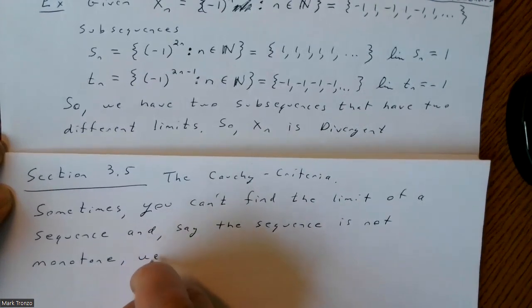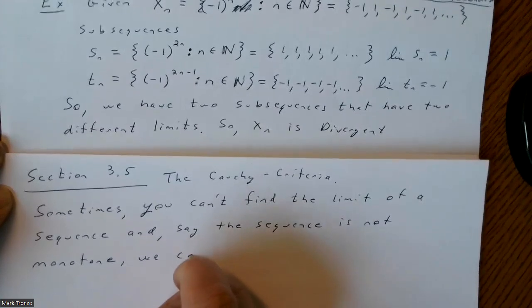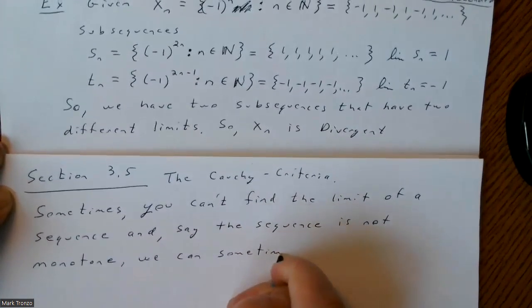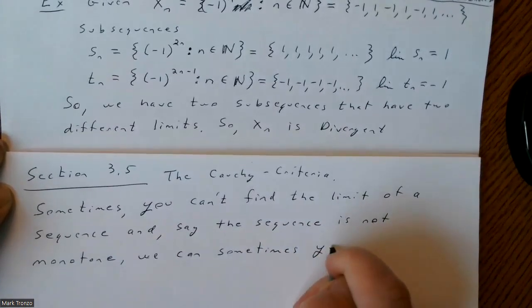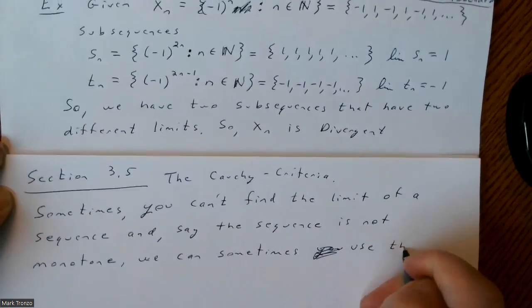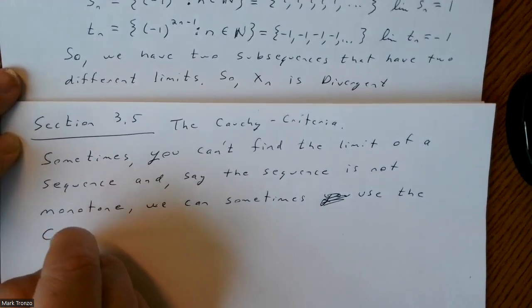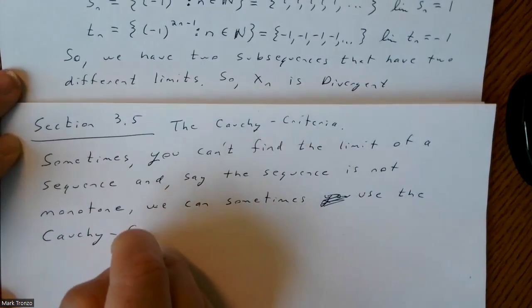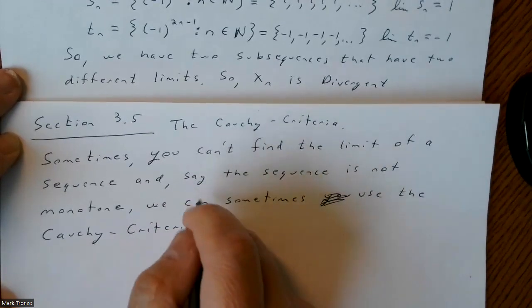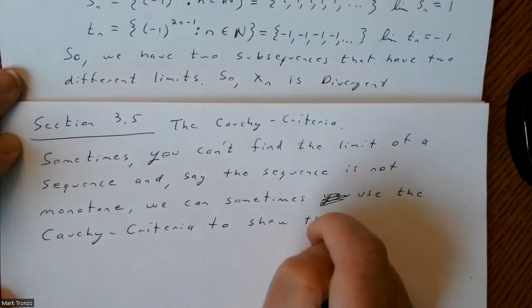We can sometimes use the Cauchy criteria to show the sequence has a limit.